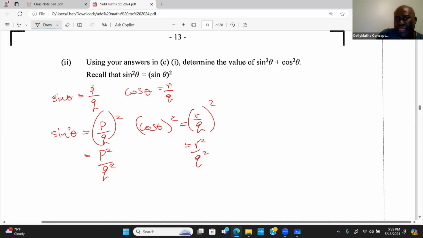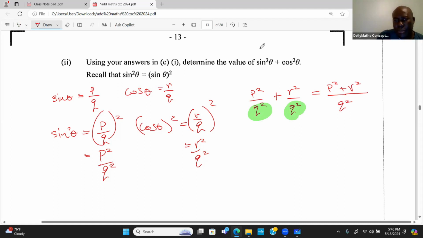Now, let's add them. So sine squared, which is P squared over Q squared, plus cos squared, which is R squared over Q squared. When the denominators are the same, we learned this years ago, you keep your denominator, which is Q squared, and you add the numerators, so P squared plus R squared.